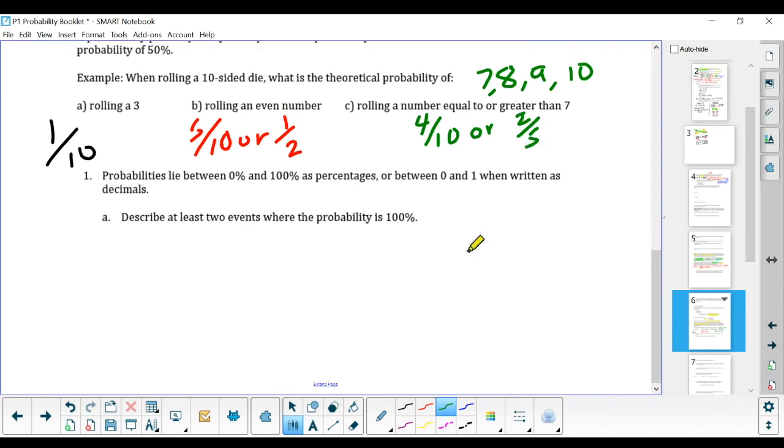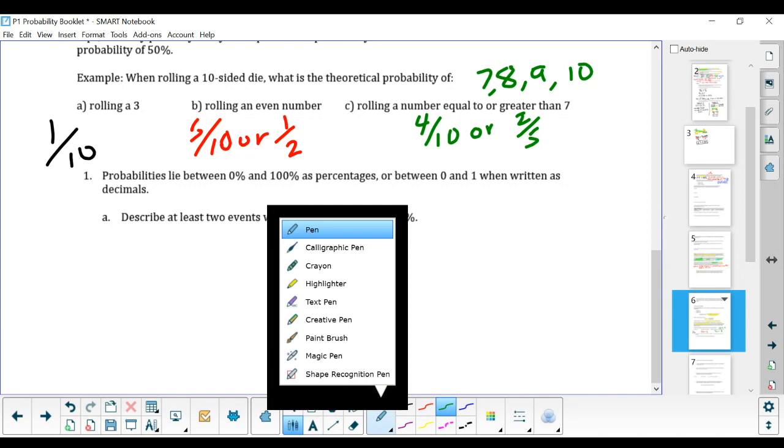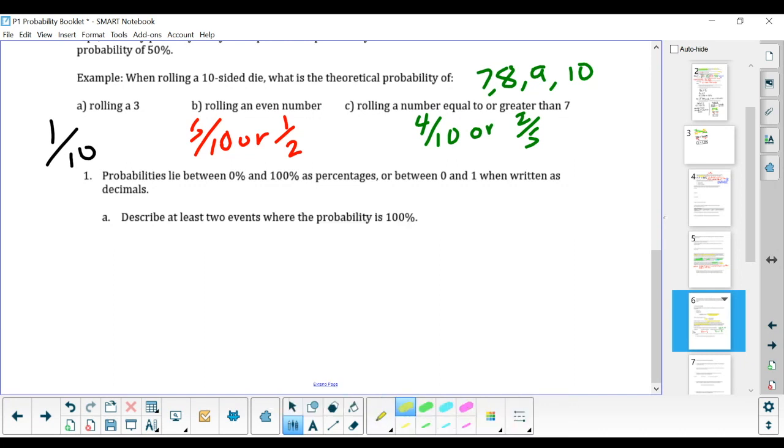If we take a look at this first question here, probabilities lie between 0% and 100%, or between 0 and 1 when written as decimals. Something to keep in mind is that when an event has a probability of 0, it means that it's impossible. When the probability is 1, that means it is what we call a certain event.